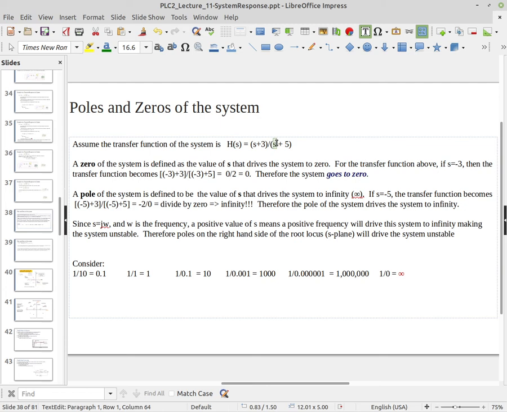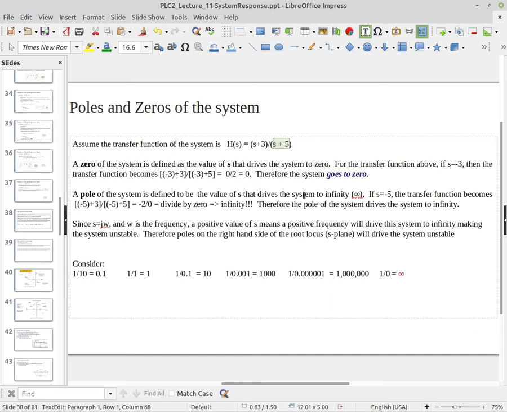And so we can look at a transfer function and analyze whether it's stable or not by seeing whether a positive value of frequency could make the system go to infinity. If a positive frequency can drive the system to infinity, then the system is unstable because the system is going to end up breaking.